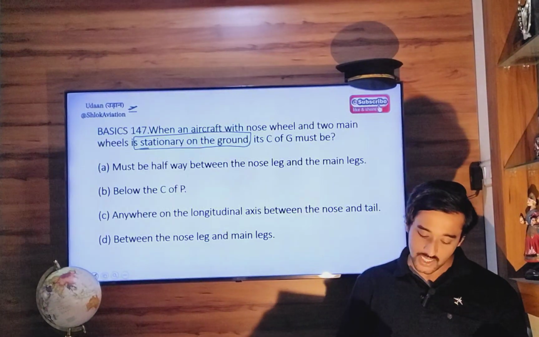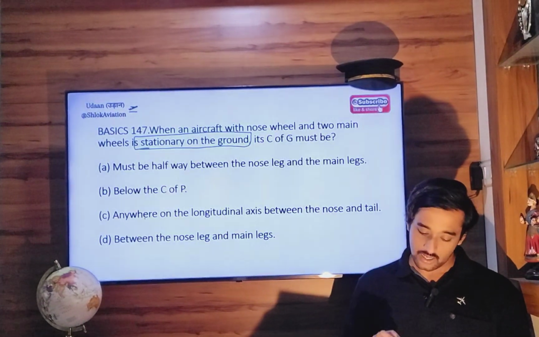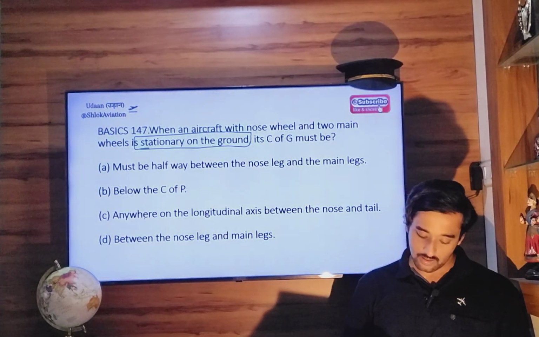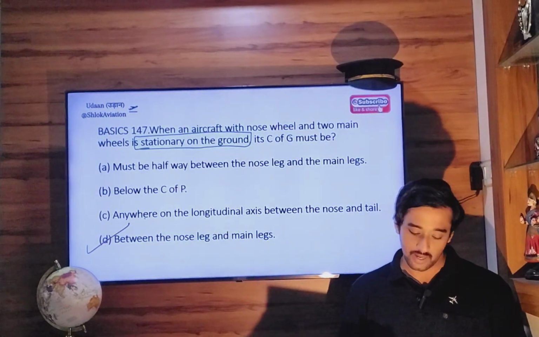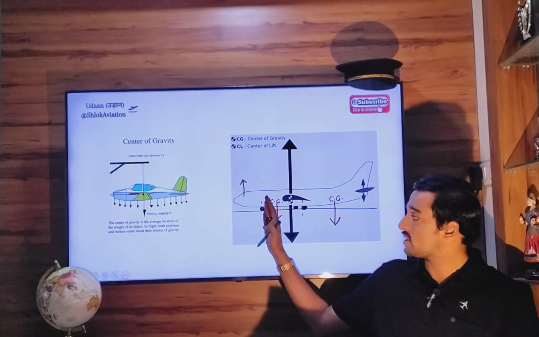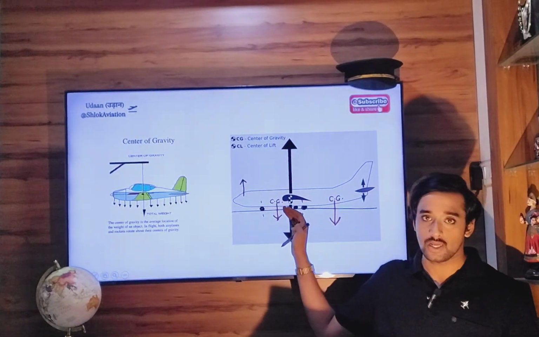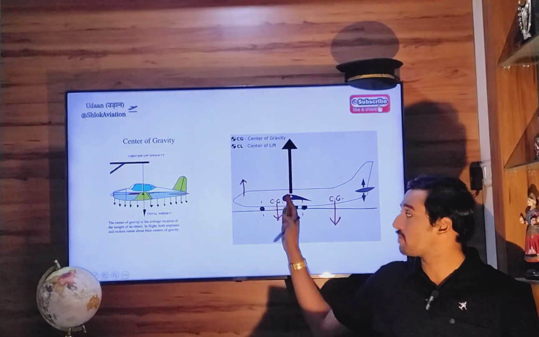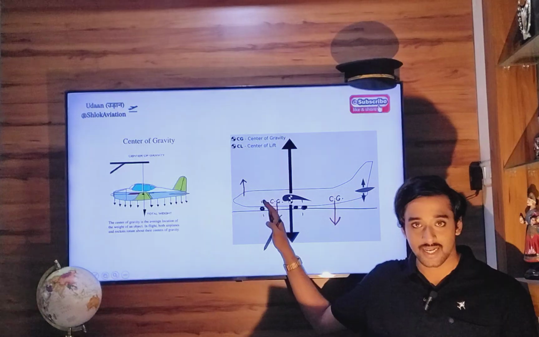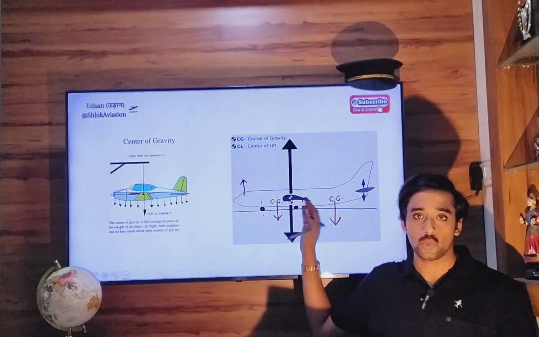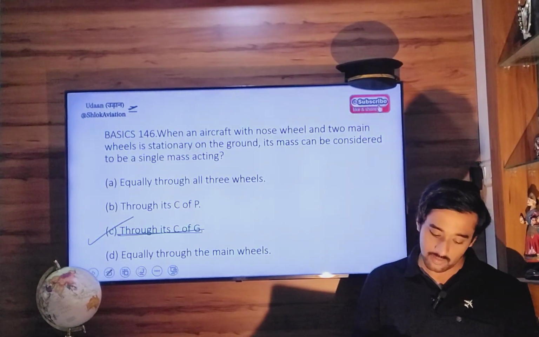So the correct answer is delta, between the nose leg and main legs. It's not necessary that it be exactly in the center. It can be anywhere between them. So therefore alpha will be wrong.